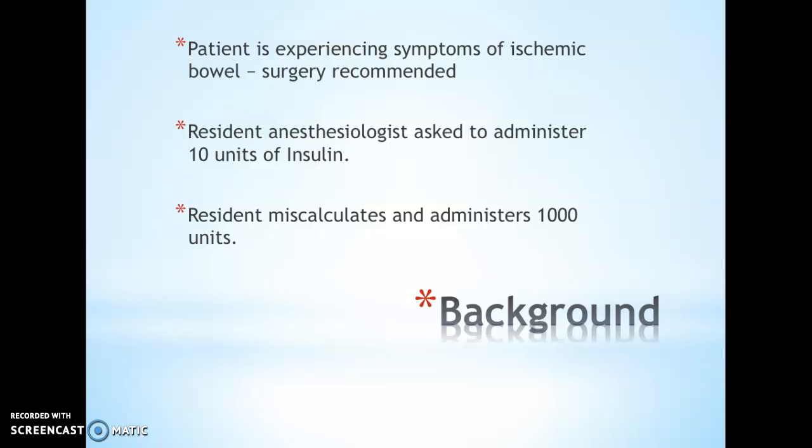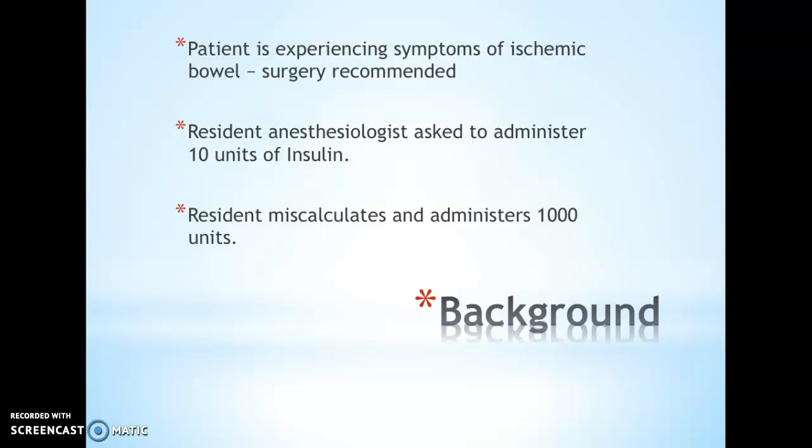When they arrive at the operation room, the resident anesthesiologist receives lab results showing that the patient is experiencing high levels of potassium and increasing levels of creatinine, which are all signs pointing to liver deterioration. The attending physician directs the resident anesthesiologist to administer 10 units of insulin to the patient to counter these symptoms.